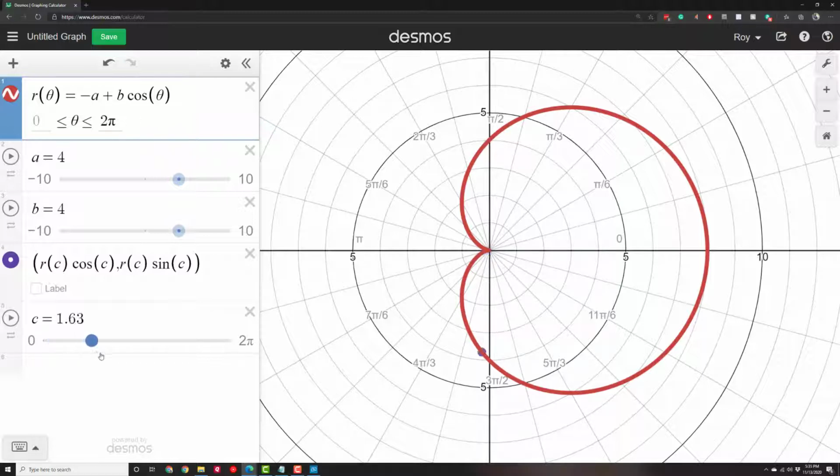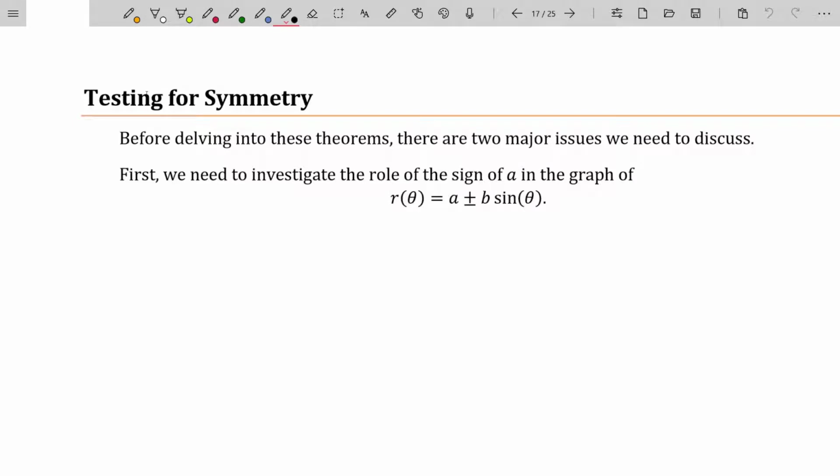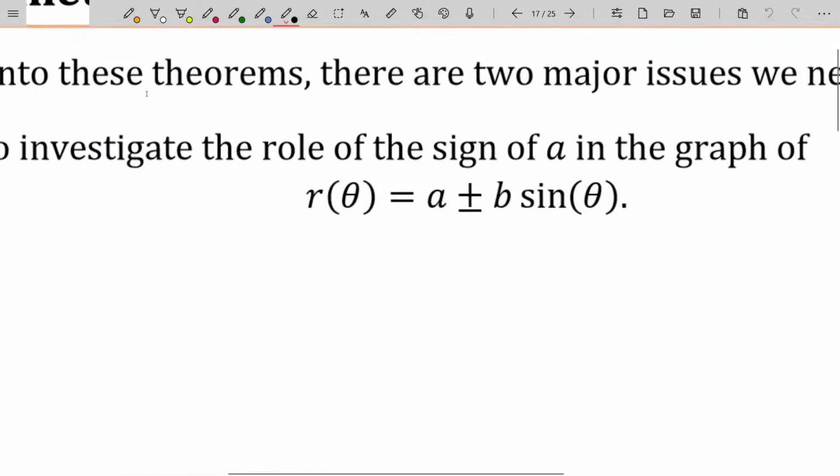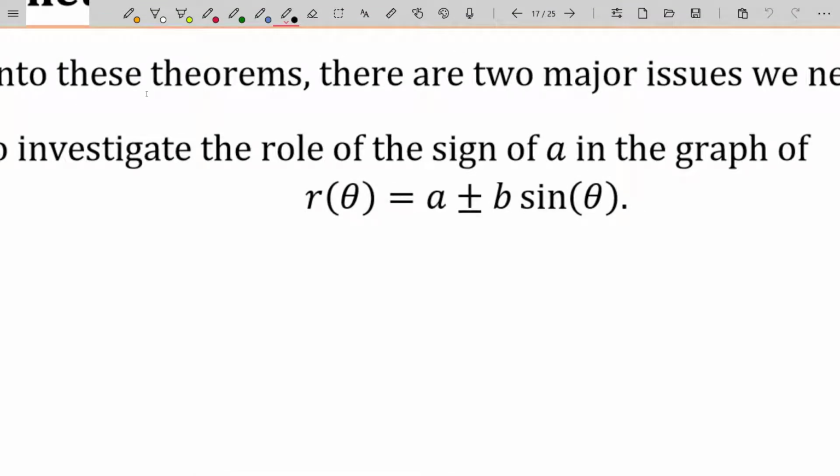But if we're willing to draw from 0 to 2 pi, we'll get the same picture no matter what. That is only true, by the way, when you have A plus or minus B sine of theta or cosine of theta. So that's the first thing I wanted to talk about, was that the value of A, as far as the plus or minus sign, will not affect the graph at all.